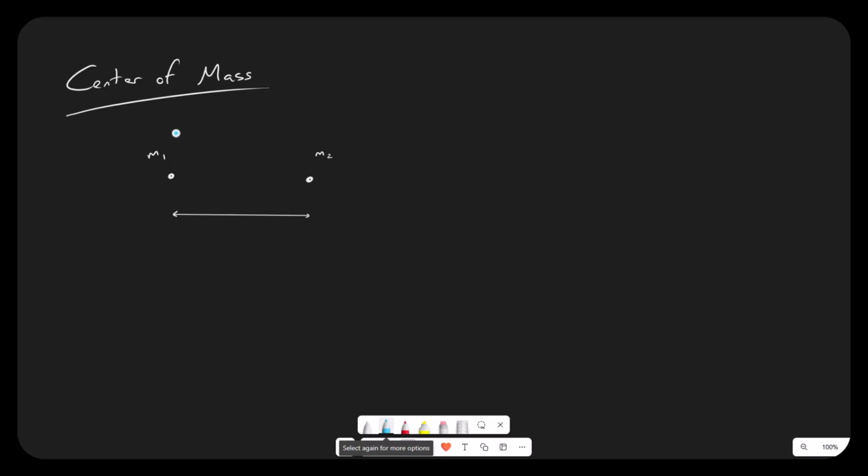So let's give this thing a coordinate axis that passes right through that first point. We'll say this is our y-axis, this is our x-axis, and we're going to try and find a center of mass. This is D. The center of mass equation, I will tell you, looks a little bit daunting.